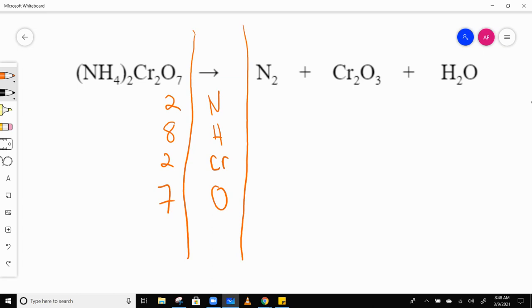On the other side, we have 2 nitrogens. We have 2 hydrogens. We have 2 chromiums. And we have 3 plus 1 is 4 oxygens. Oh, actually, I think this one's going to be really simple. Yep, it's going to be really, really simple. So don't get too scared of it.